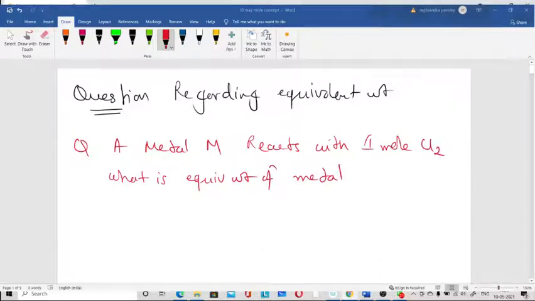What is the answer? Okay, Harsh Mehta. How much?